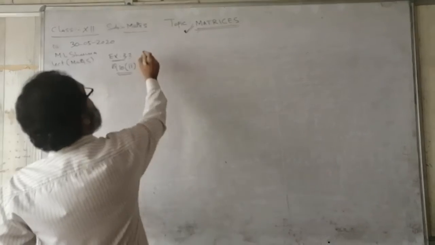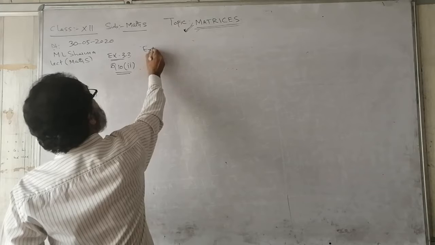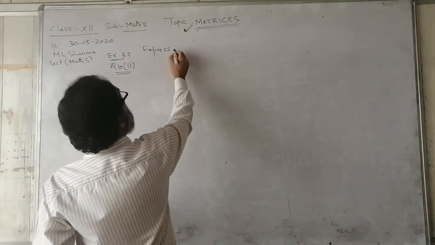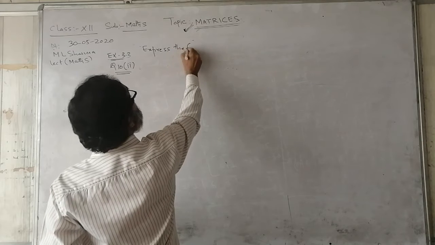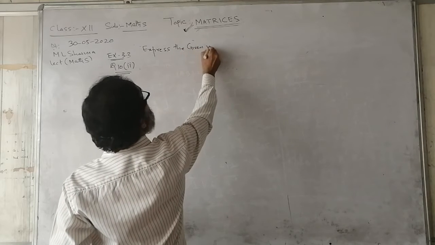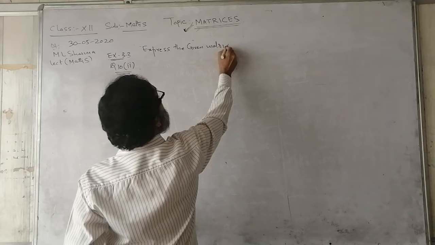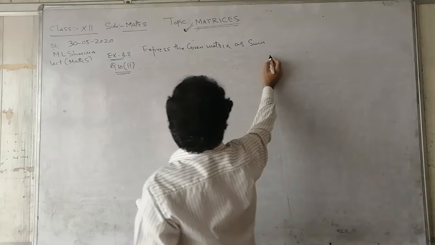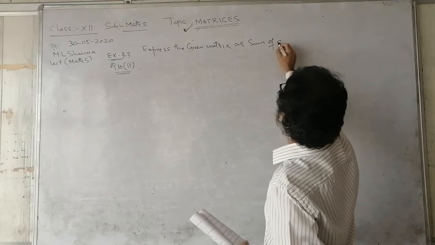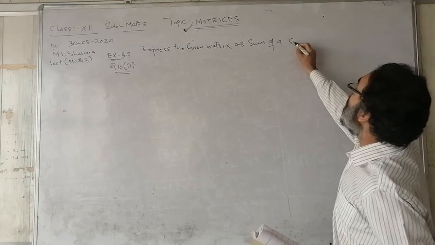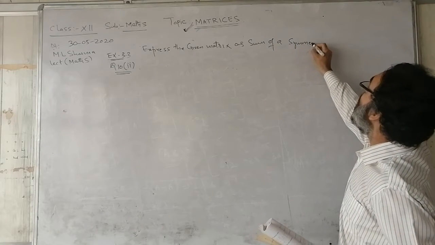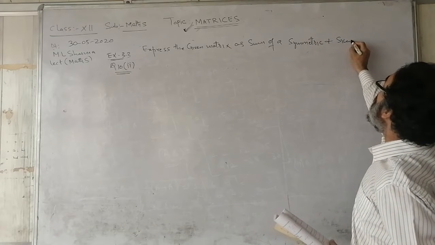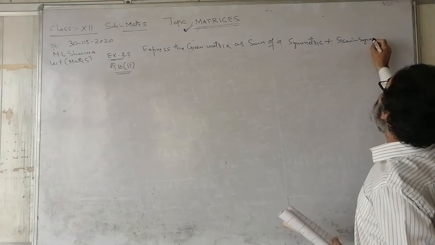So he says express the given matrix as sum of a symmetric and skew symmetric.